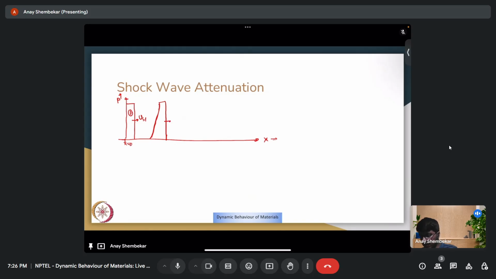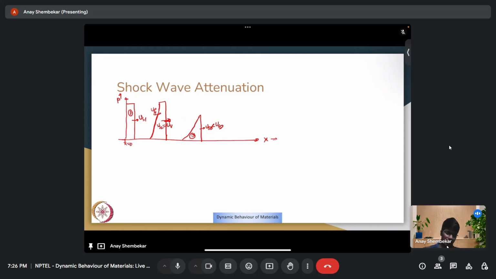This will still travel at Us2 equal to Us1. After a while, this is 3, this is Us3, less than Us2. There is a decrease in pressure associated.